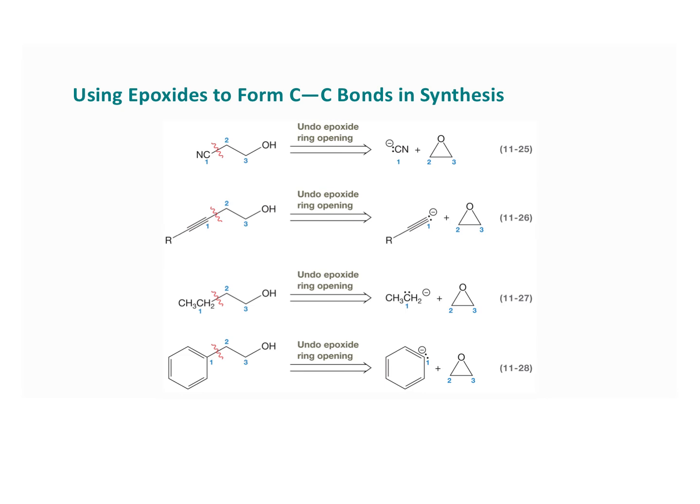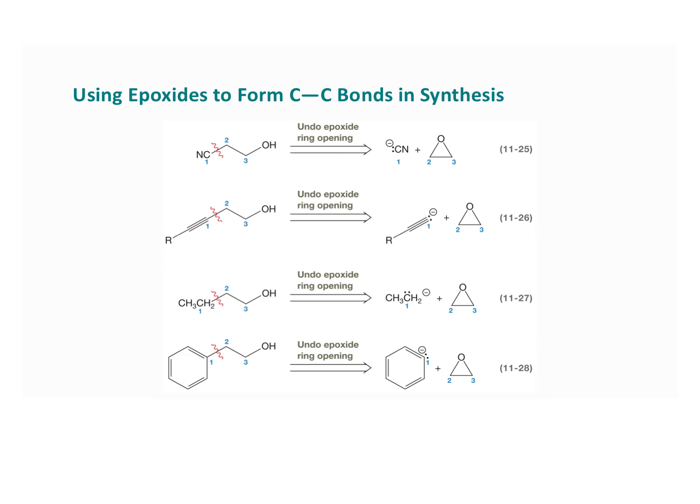Notice that they've got these numbers here for you, and the bond between carbon 1 and carbon 2 is the one that is formed through the ring opening reaction.